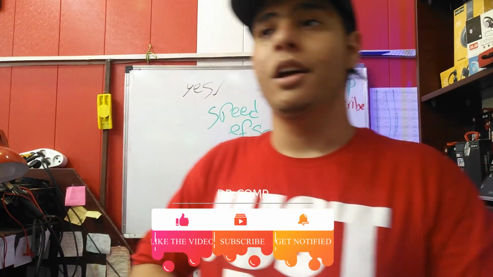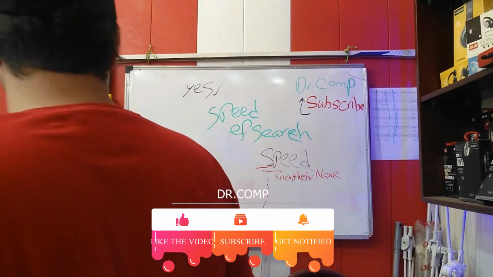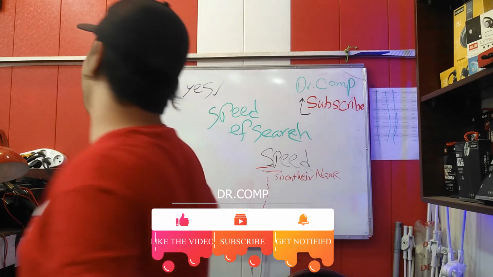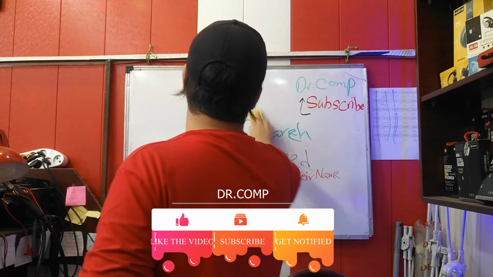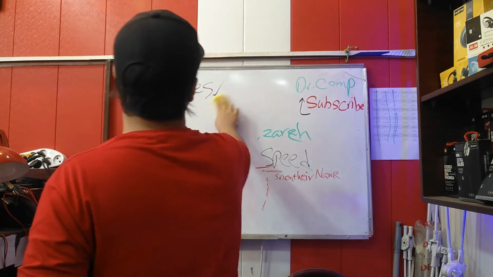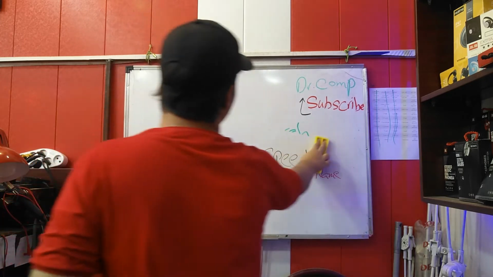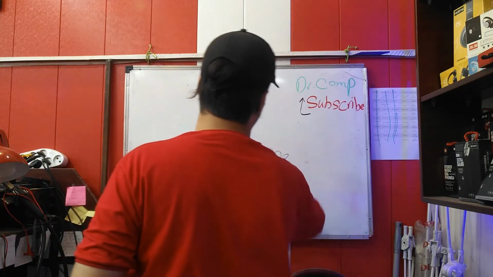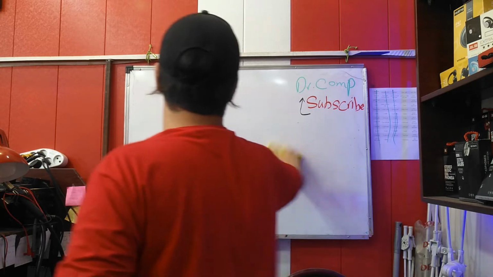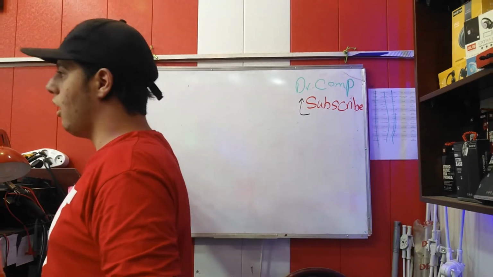Right now I think you are interested and you want to know the name of this software, how you can download it, and how you can do the other things. Don't worry, I'm going to tell you.